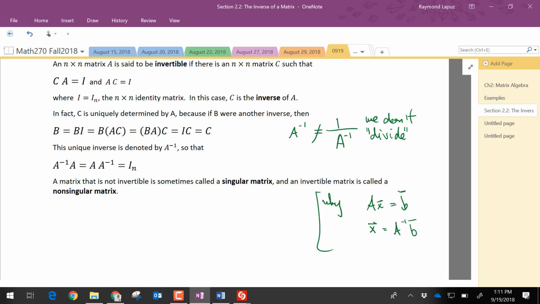And not only that, but if I have 15 different b's that I want to solve for, instead of row reducing for each one, I could just find the inverse and then do this multiplication 15 times, and that would be easier than row reducing 15 times.